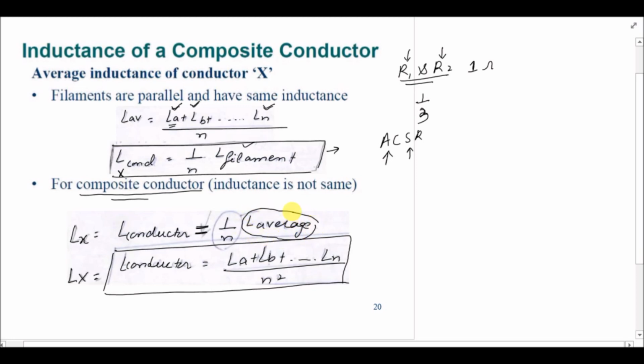Once we have the average inductance, we assume that each filament, whether it is aluminium or steel, has the same inductance, equal to the average inductance.